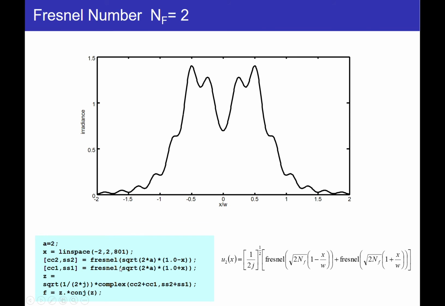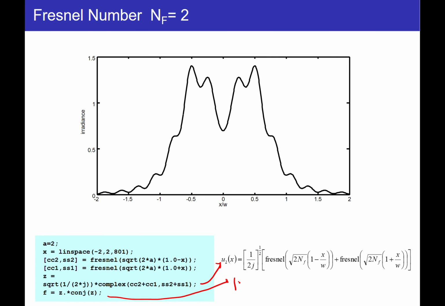It's the same routine for the Fresnel: CC2 and SS2, CC1, SS1, we get this one. One is a certain value minus x, the other a certain value plus x. And then we get z equal to, here the complex conjugate is this one.